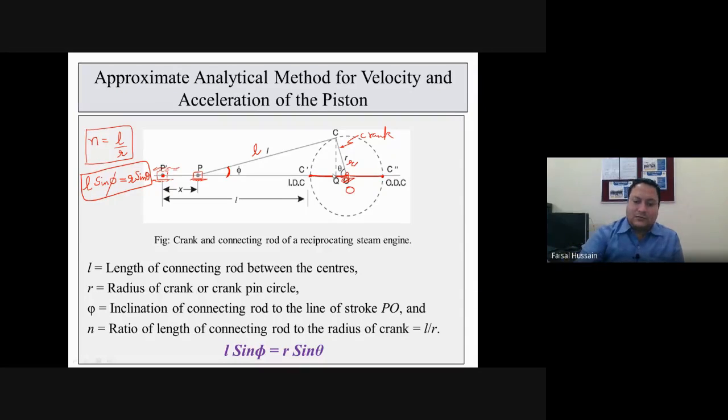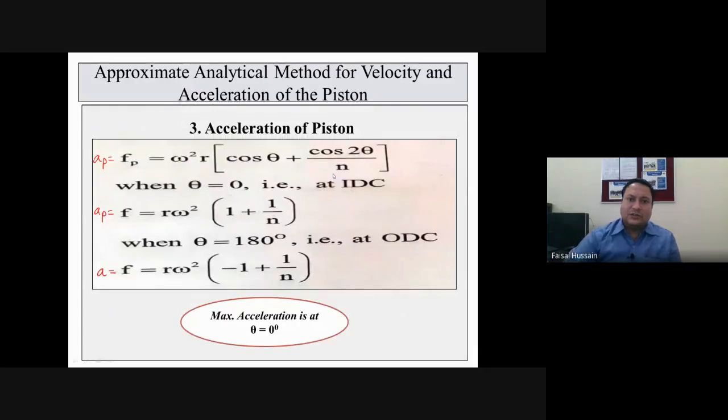So during this position, if theta equals 0, the equation reduces to R omega square, cos 0 is 1, so 1 plus 1 upon n. So when the crank angle is 0, the equation is reduced to this term.